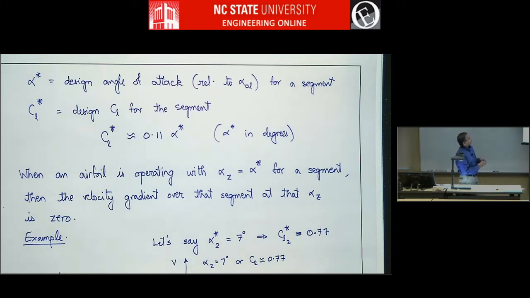Alpha star is the design angle of attack relative to zero lift angle for a segment, and CL star is the design CL for that segment. As we know from thin airfoil theory, CL star is proportional to alpha star, so it will be 0.11 times alpha star when alpha star is in degrees.